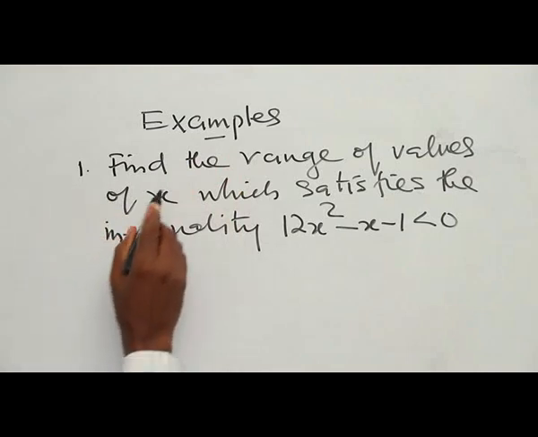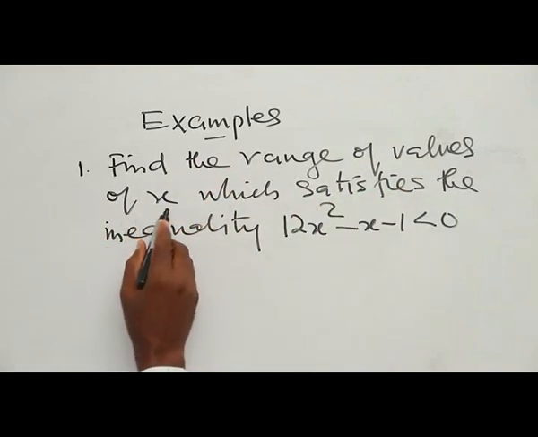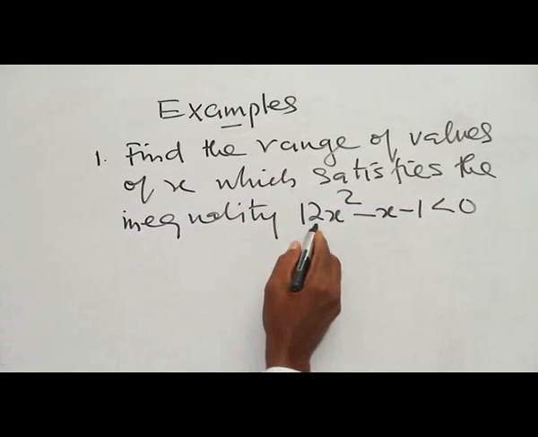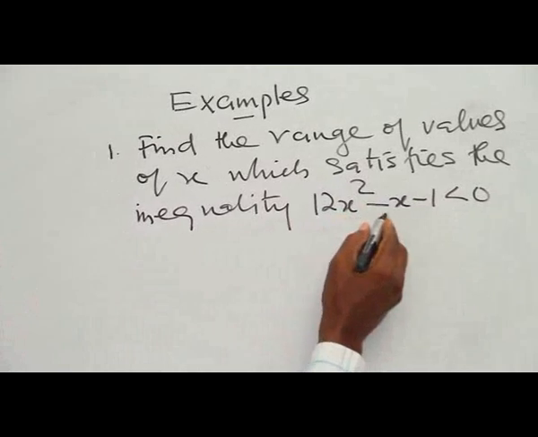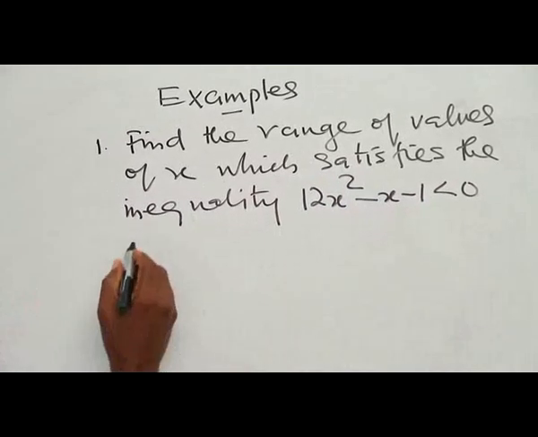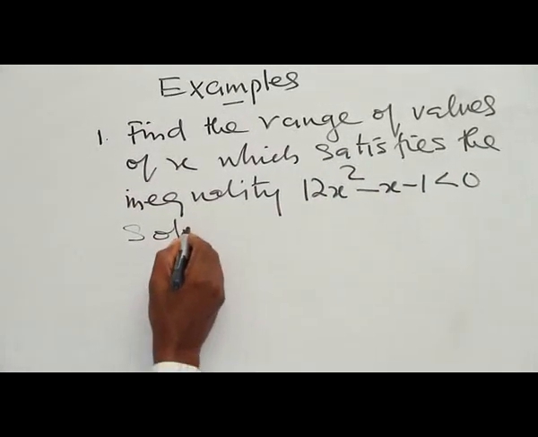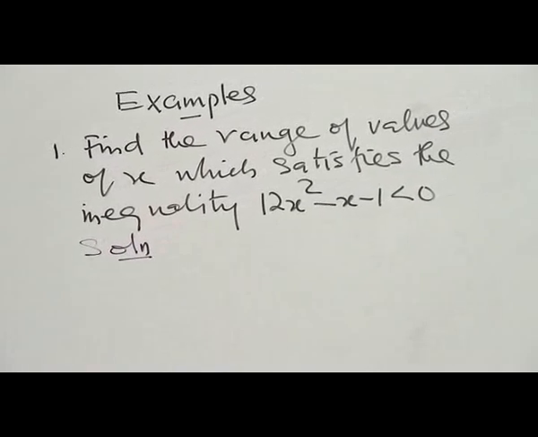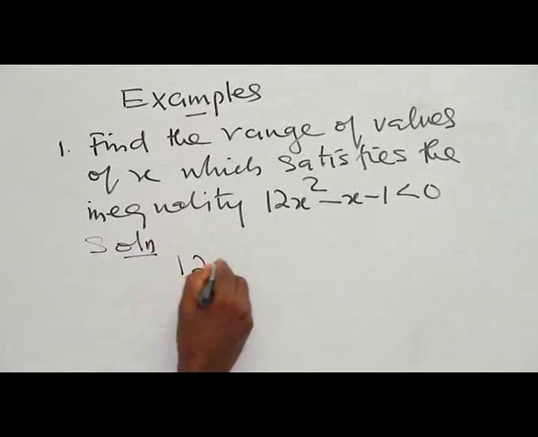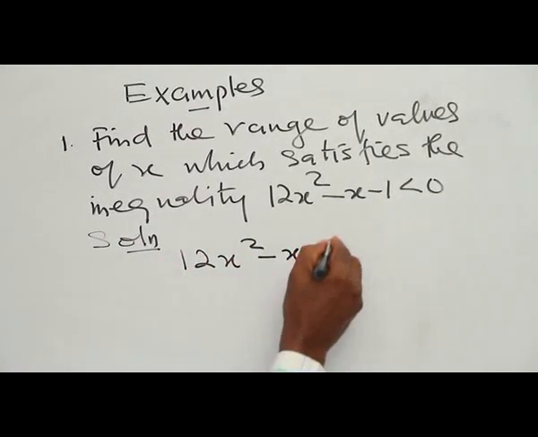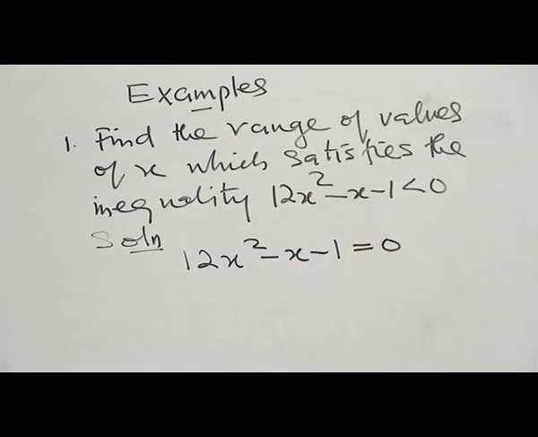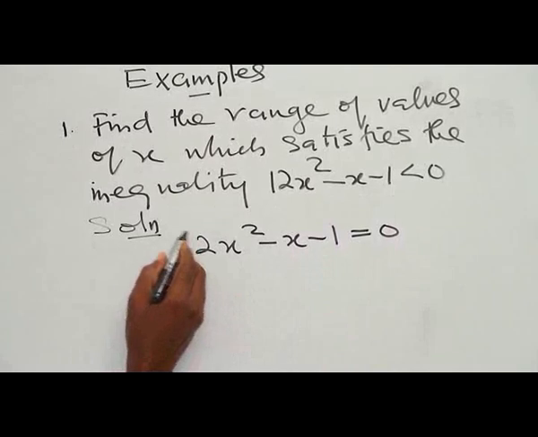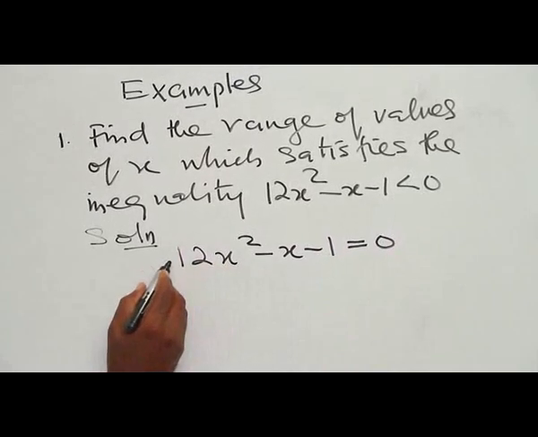Number 1, find the range of values of s which satisfies the inequality 12s squared minus s minus 1 less than 0. Let's look at the solution. We have here 12s squared minus s minus 1, take it to be equal to 0. Now, take note that the coefficient of s squared here is positive.